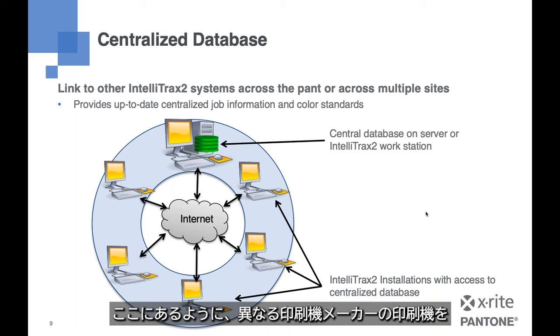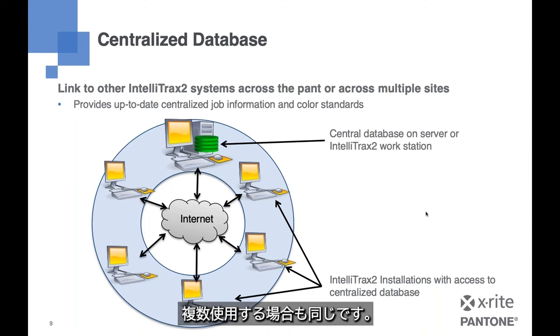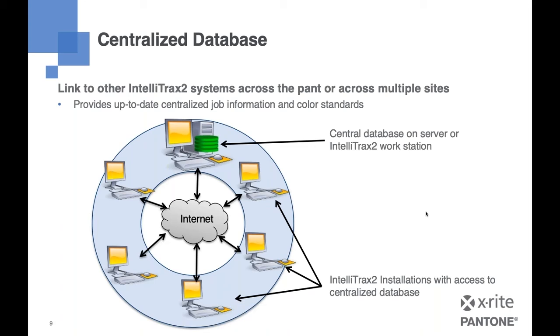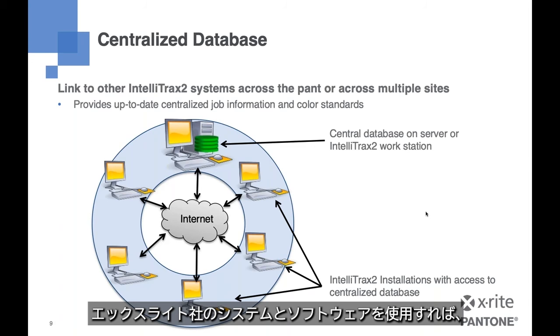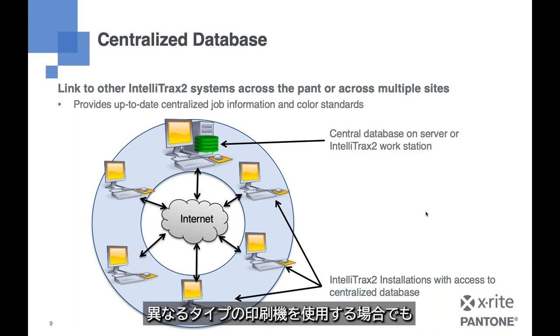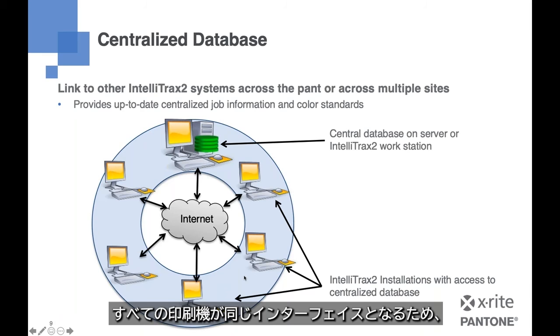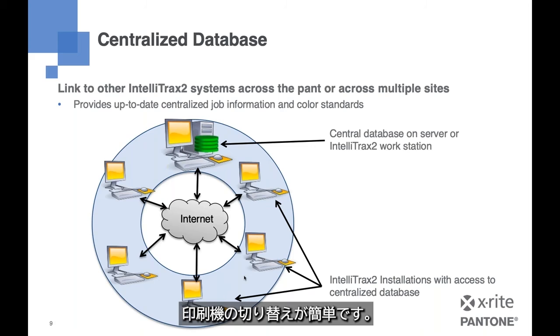And what you see also here, even if you have presses from different press suppliers, by using the X-Rite systems, with the X-Rite software, you have on all the different presses all the same interfaces, so you can easily exchange a job from one press to another one. It's all the same.